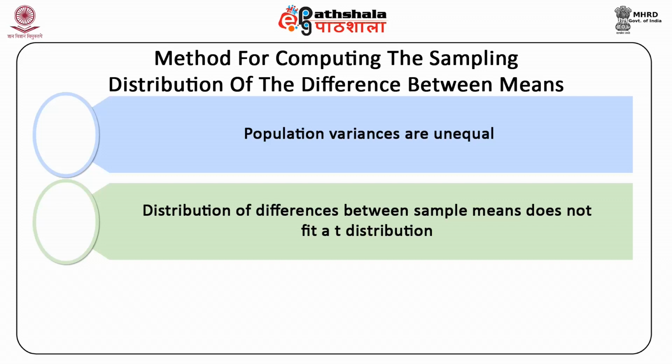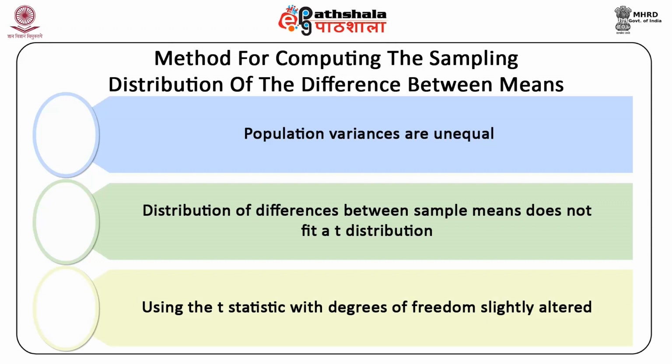In fact, no exact distribution has been found to adequately describe the sampling process, and only approximations have been developed. One such approximation has been proposed using the t-statistic with degrees of freedom slightly altered.